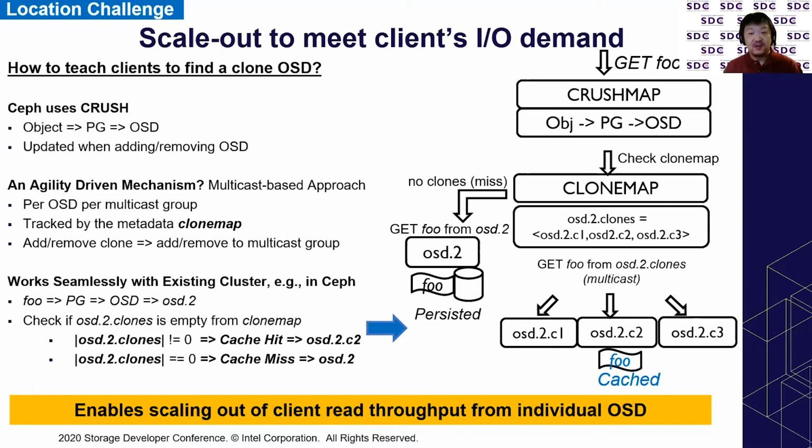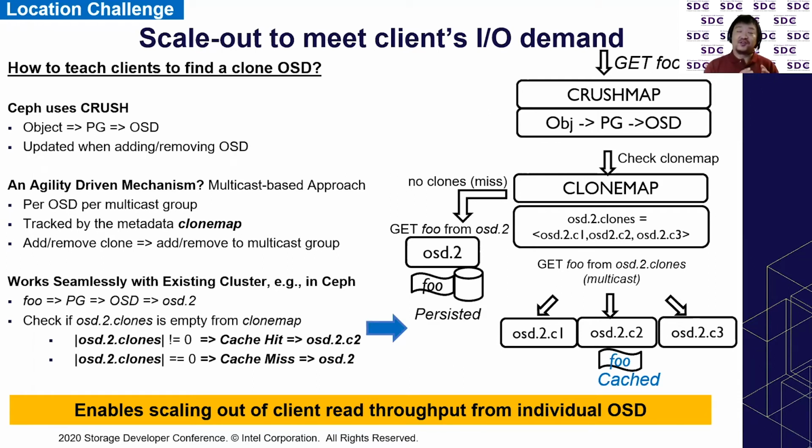To drive agility, we propose a multicast-based approach here. The important part is the client knows the clone set. It can just tell all the clones in that clone set, I want this full object. Whoever has it, just let me have it. That's how it works in what I refer to as the multicast.